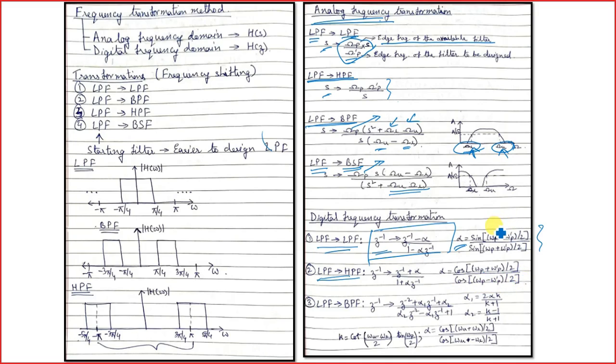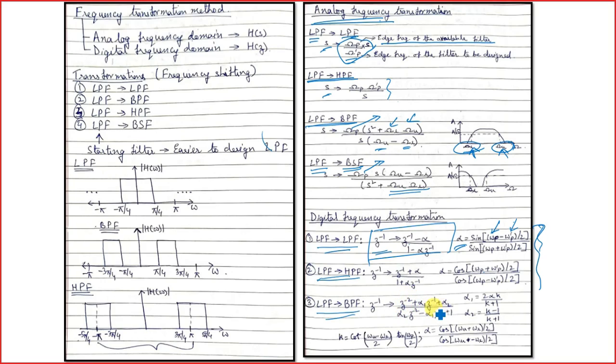What is omega p? Edge band frequency of the available filter. Omega dash p is the edge band frequency of the filter to be designed in both low pass filter and high pass filter, right?